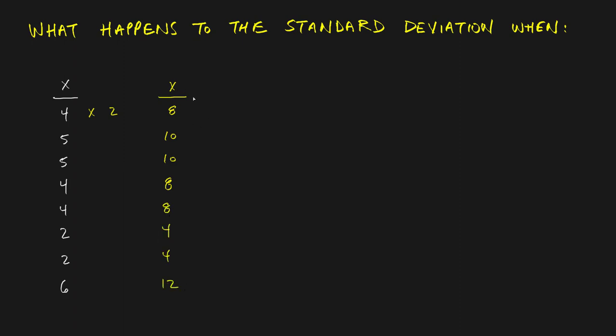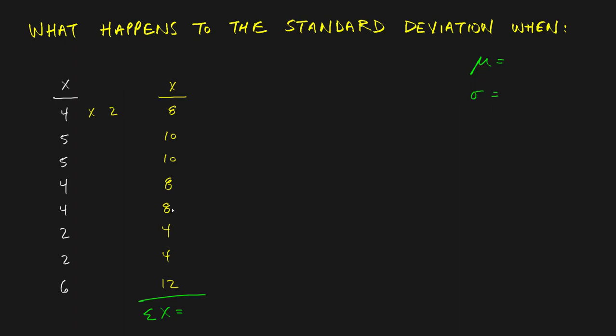Okay, so once again, what I'm going to do is find the mean and the standard deviation. To find the mean, I need to know my sum of x. If you go through this data set here, 8 and 10 and 10 and 8, that's going to make 36.